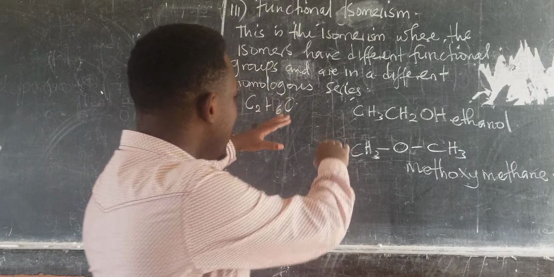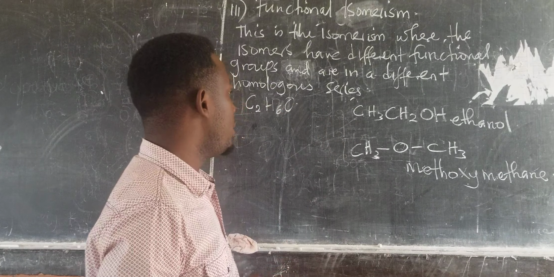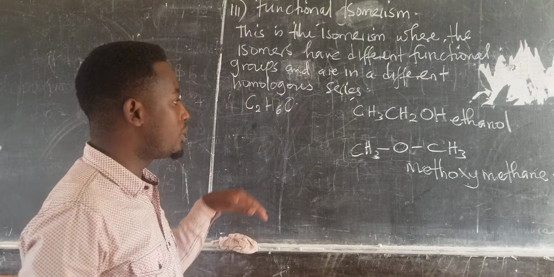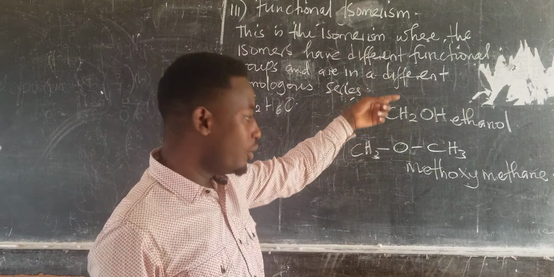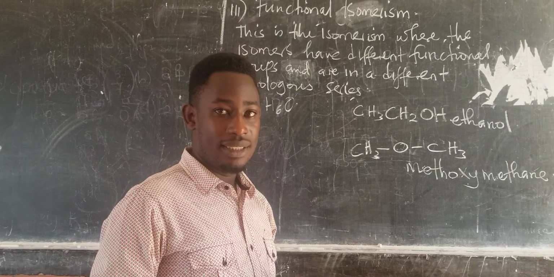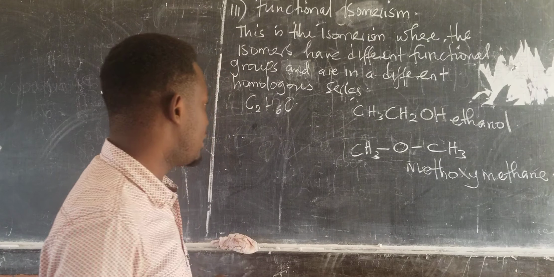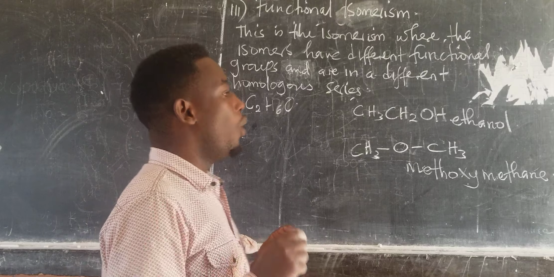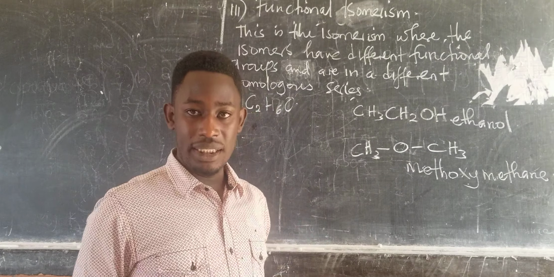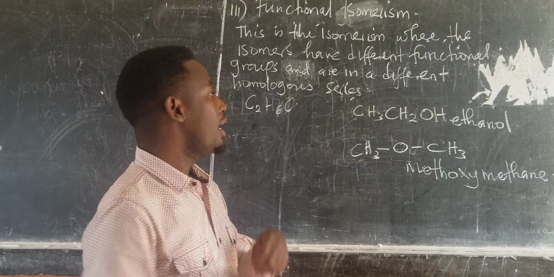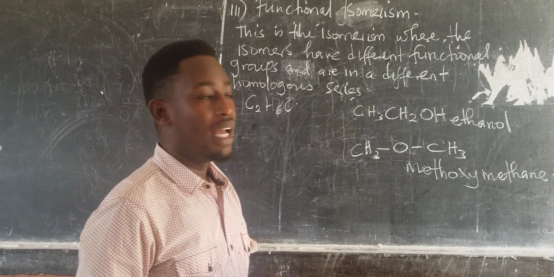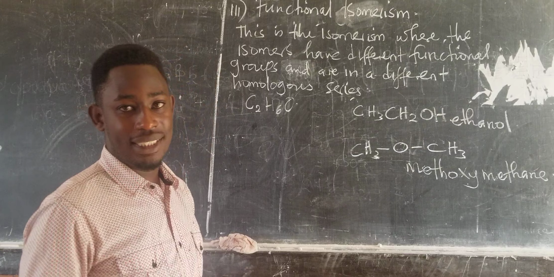There are many other examples of molecular formulas that can relate alcohols and ethers. The other group of homologous series that share the same molecular formula can be carboxylic acids and esters.